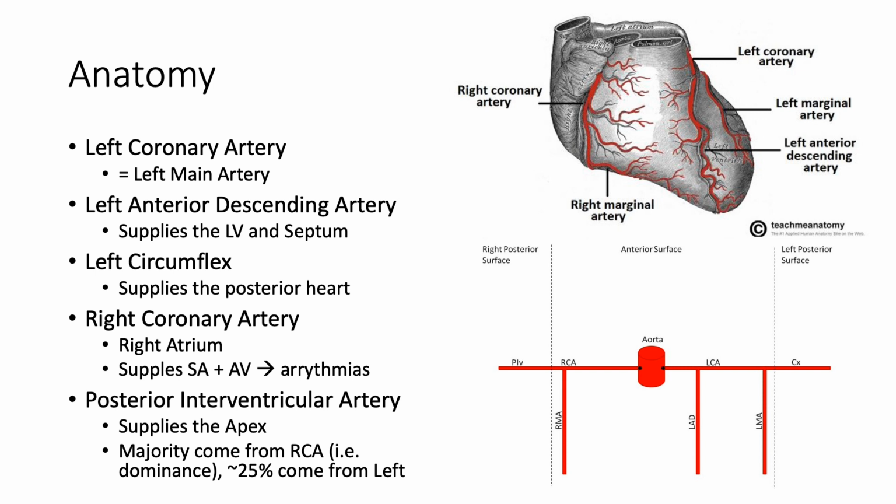But a concept that might have been raised before is about dominance. The majority come from the right and a minority come from the left coronary artery, which is probably for the best, given that the left looks bigger, so it's going to supply more. And honestly, if you got a clot in there and it supplied the apex, you'd be pretty stuffed.